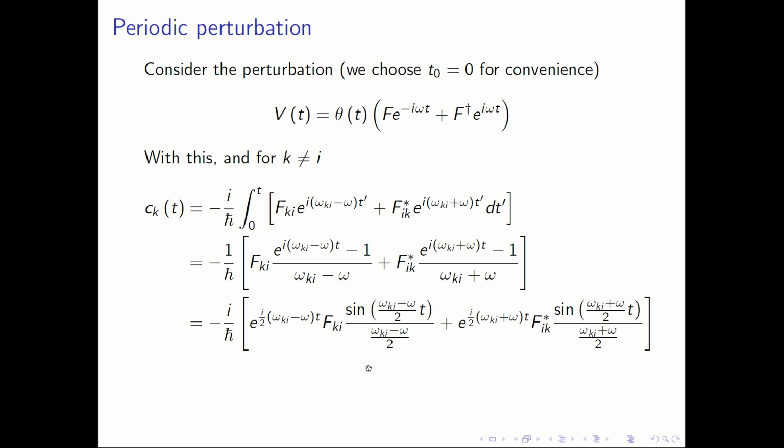Now this factor, or rather its square, is going to play an important role in what is coming. So I decided to define a function, just to make the notation simpler. I have defined the square of this as a function d of t comma omega_ki minus omega.